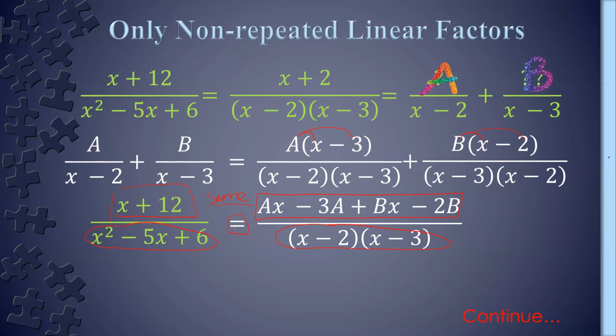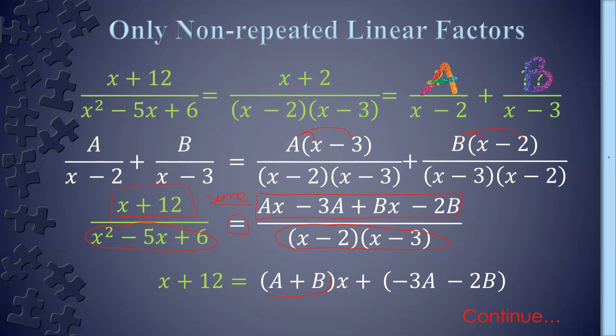What does that mean? How many x's are there on the left-hand side? 1. How many x's are there on the right-hand side? A plus B. And the constant on the left-hand side is 12. What's the constant on the right-hand side? Negative 3A minus 2B, right?